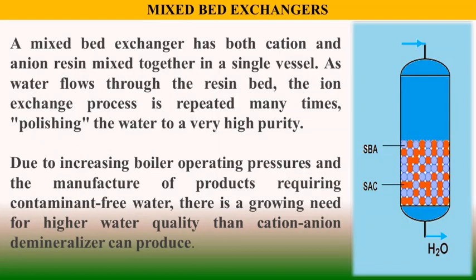Let us now try to understand the mixed bed exchangers. A mixed bed exchanger has both cation and anion resin mixed together in a single vessel. Now when water flows through the resin bed, the ion exchange process is repeated several times, polishing the water to a very high purity.